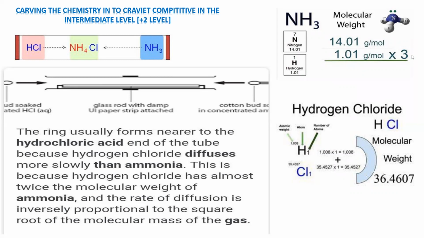In such a way, we have 3 hydrogen atoms, so let me add 3 hydrogens over here. 14 plus 3 becomes 17. So almost double the molecular weight is accorded to hydrochloric acid, so the movement of hydrochloric acid is somewhat slower. We can notice the formation of ammonium chloride near to hydrochloric acid. The movement is quicker for ammonia because the diffusion rate will be higher for the ammonia molecule, being lighter.